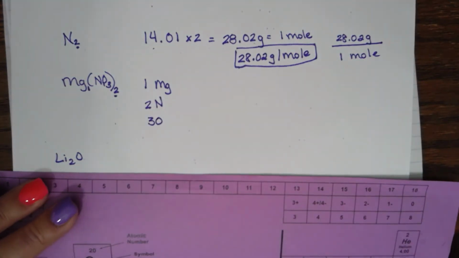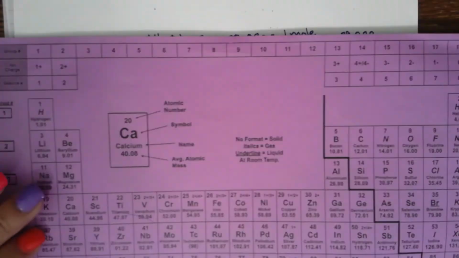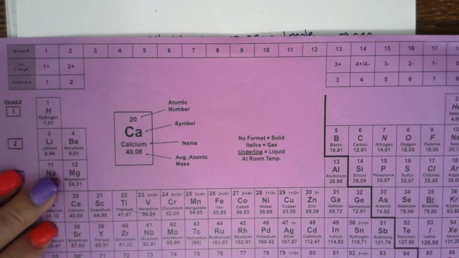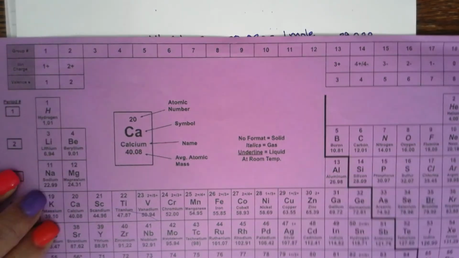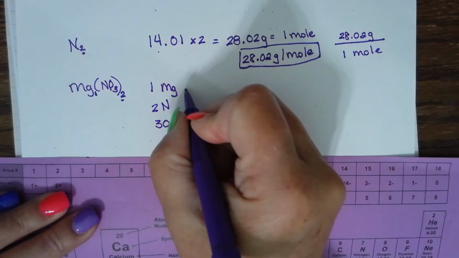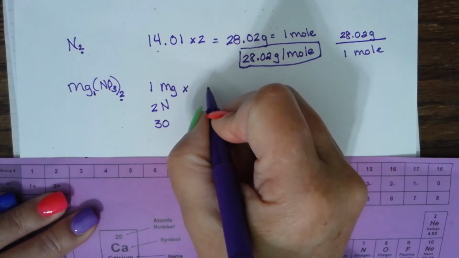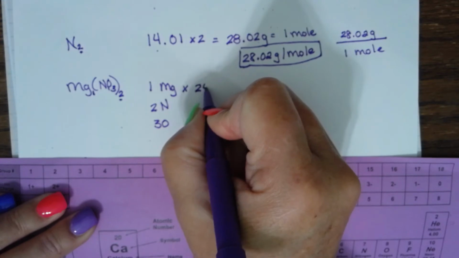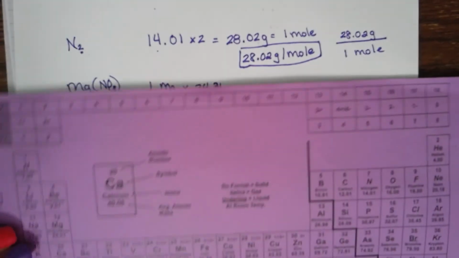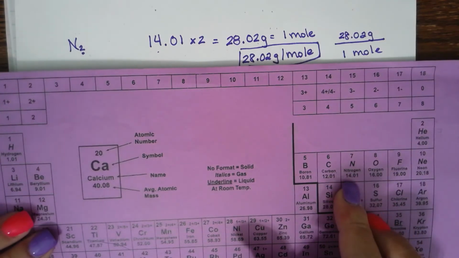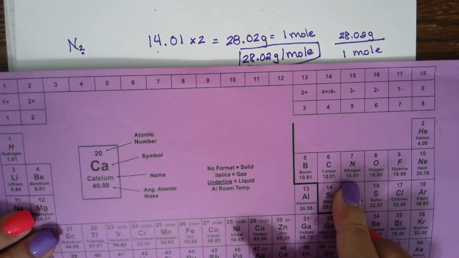And again, I'm going to go to my periodic table. Magnesium is right here. The molar mass of magnesium is 24.31. So I'm going to write that down. The molar mass of nitrogen, we just figured that out, is 14.01.